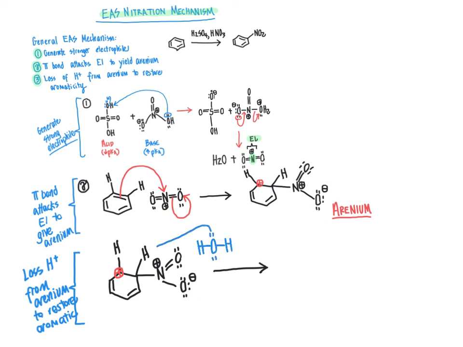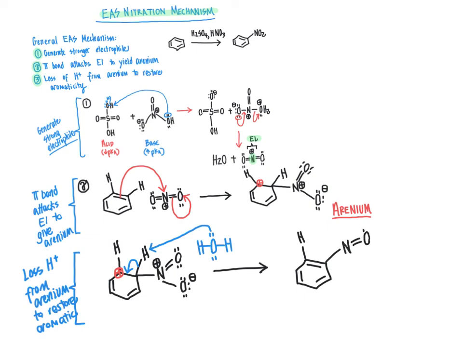Bring that lone pair of electrons over to grab this proton from the beta position, forcing the carbon-hydrogen bond to break and those electrons to come over to restore the aromaticity of this system, because aromatic rings are very, very hard to permanently destroy due to the fact that they are so stable. Their formation is very favorable.